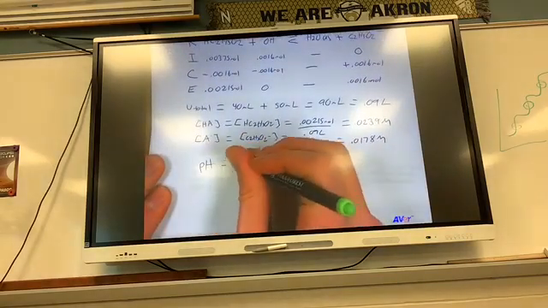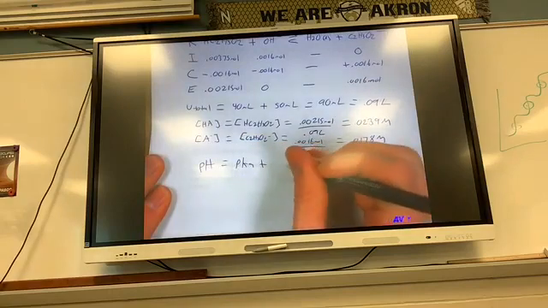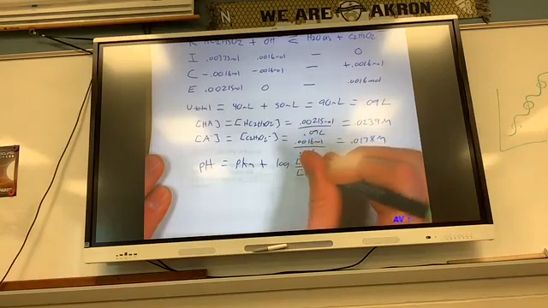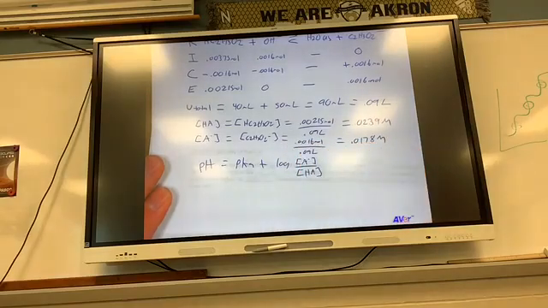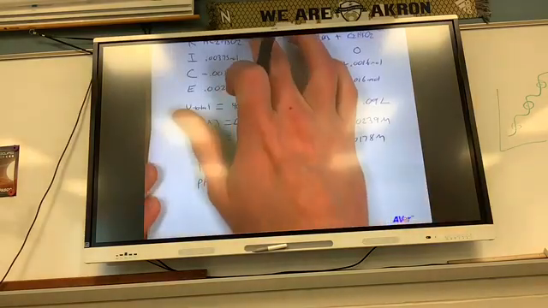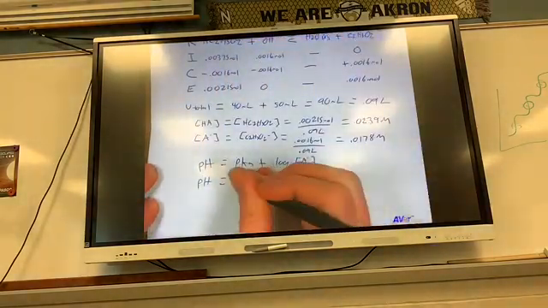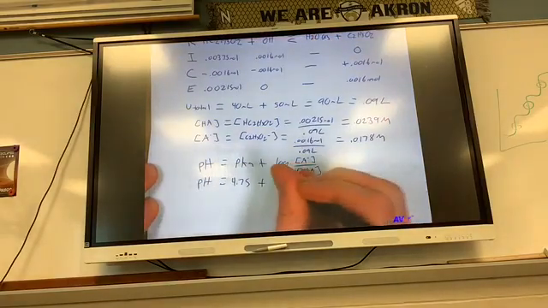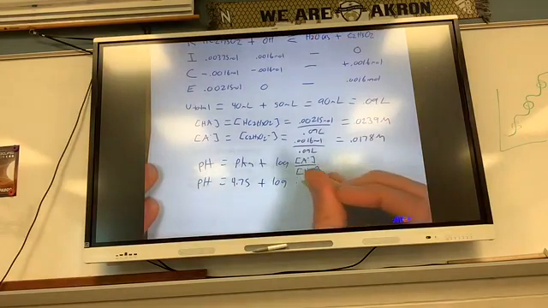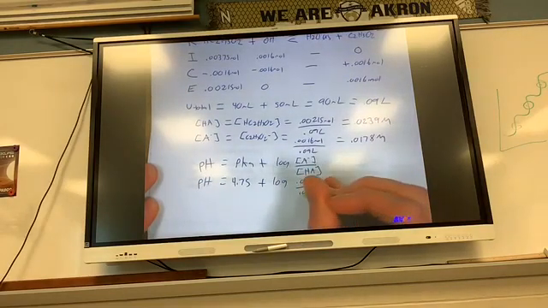pH equals pKa plus log concentration of A minus over concentration of HA. Sub in your numbers. They gave me the pKa way up there. It's still 4.75 plus log of 0.0178 molar over 0.0239 molar.